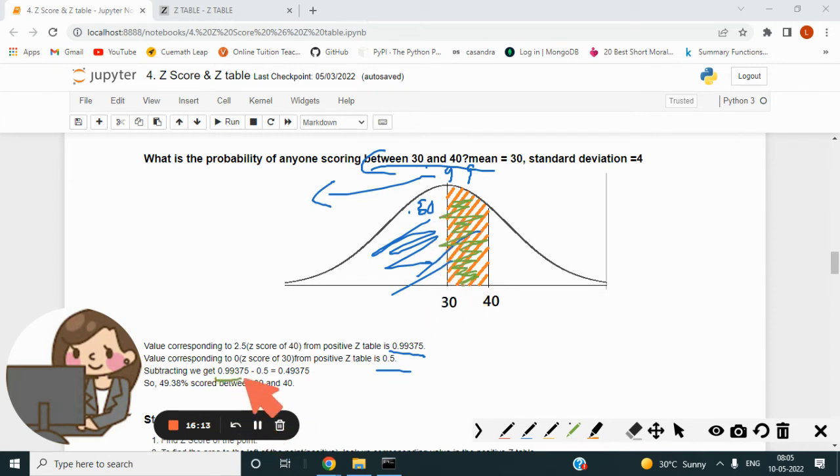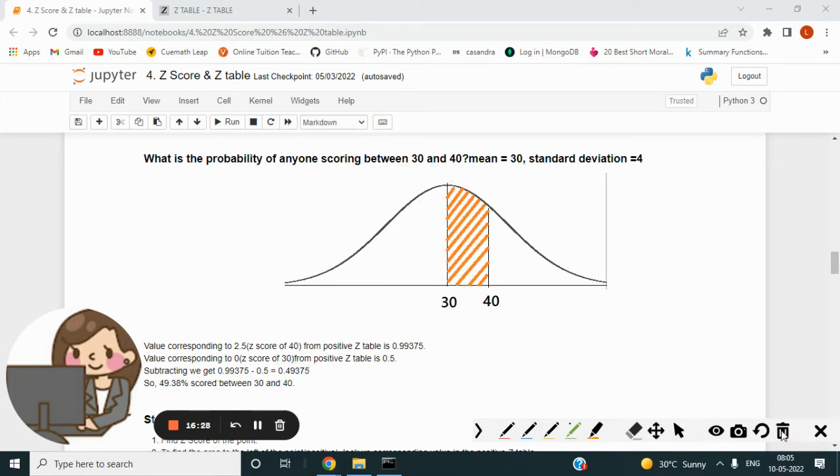So that is what we are doing here, and we got it as 0.49. So the probability of anyone scoring between 30 and 40 is 49.375 percentage. Okay. So with the example, you would have understood how to read the z table and how you will be getting the value.